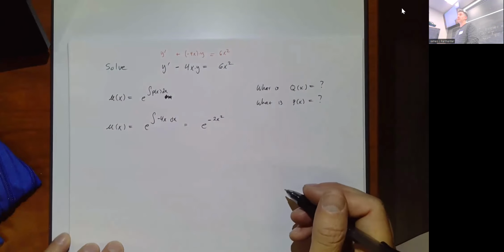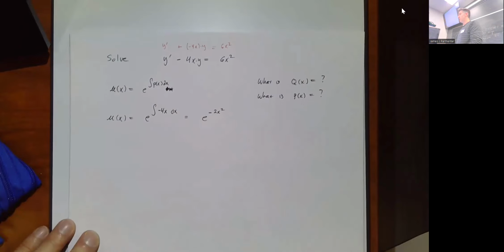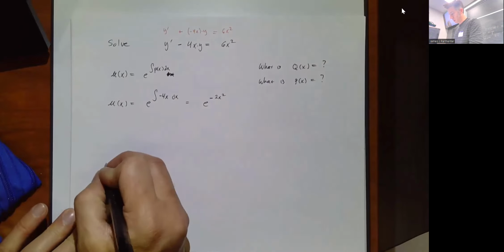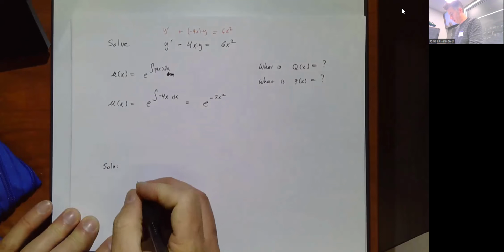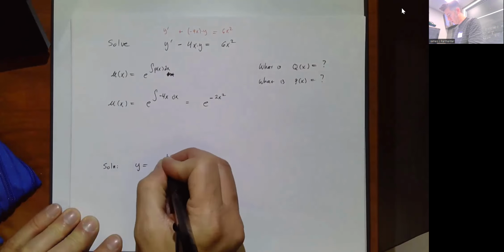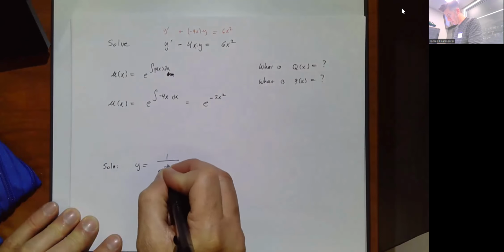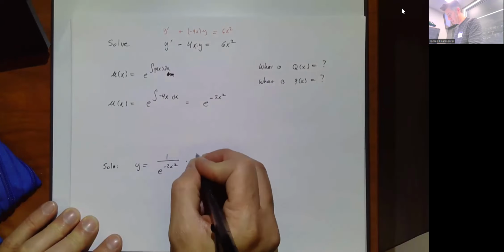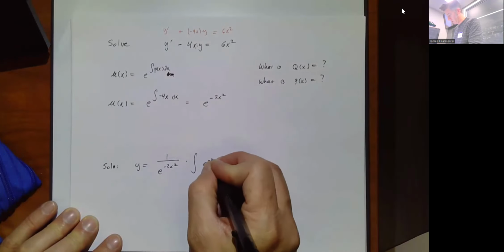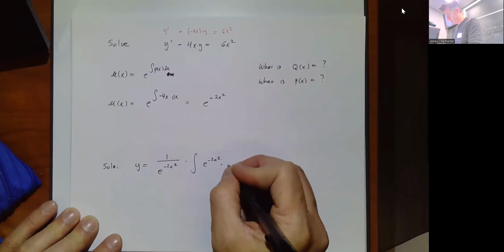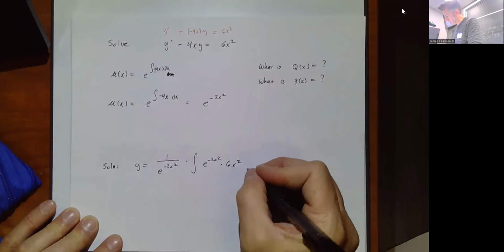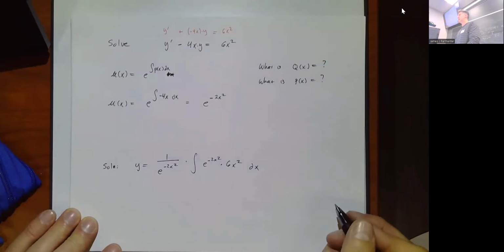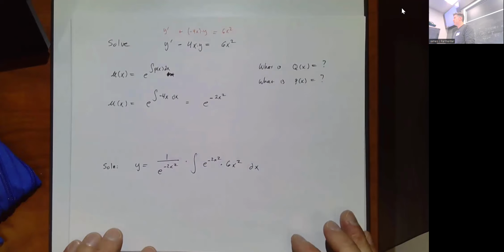Let's jump to the end and then we'll come back and show the steps. So the solution would be y equal to 1 over e to the negative 2x squared times the integral of e to the negative 2x squared times 6x squared. I knew I was making a mistake when I said that, but okay. Not a mistake, just making life harder for all of us.